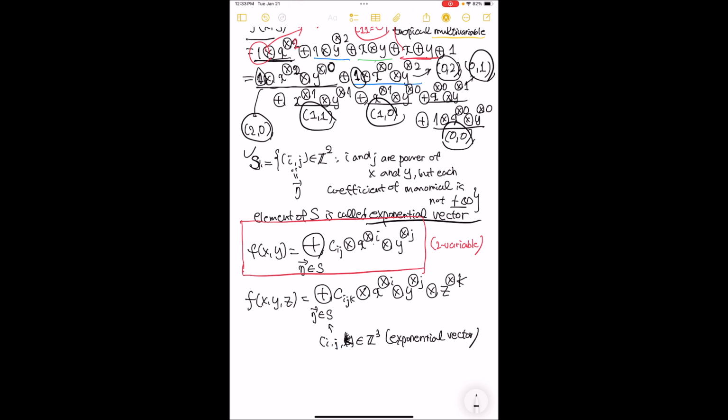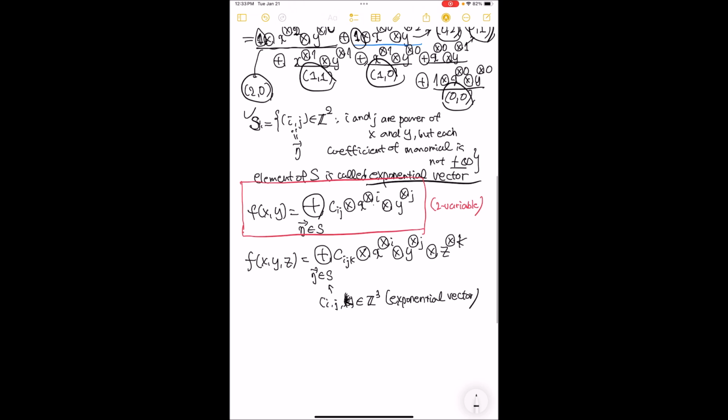In general, we can define the generalized tropical polynomial for n variables, but that is technically very complicated.